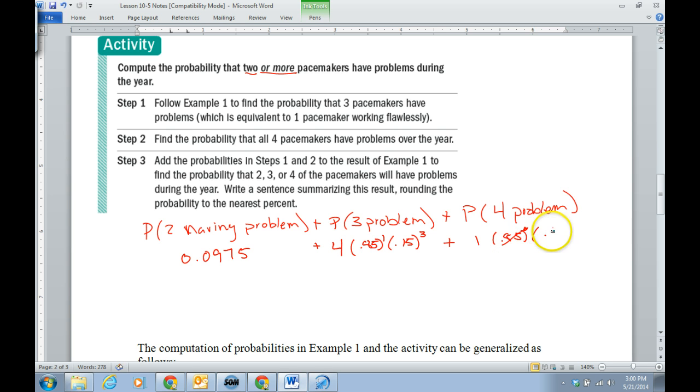And then this will be 0.15 to the 4th. Okay? So if you add all those together, you end up getting 0.1095, which is close to 11%. 11% of having 2 or more.